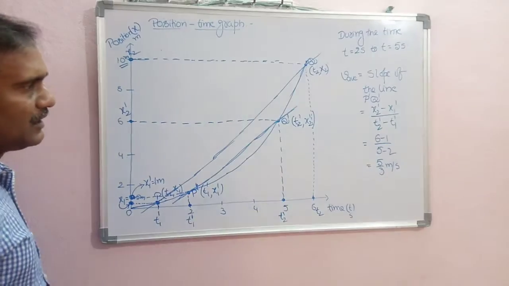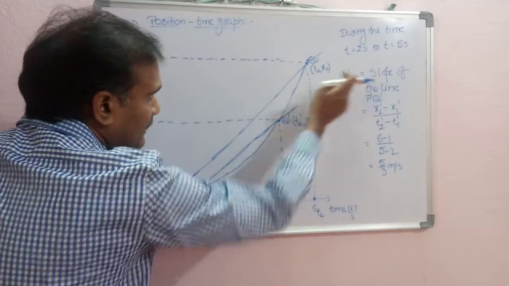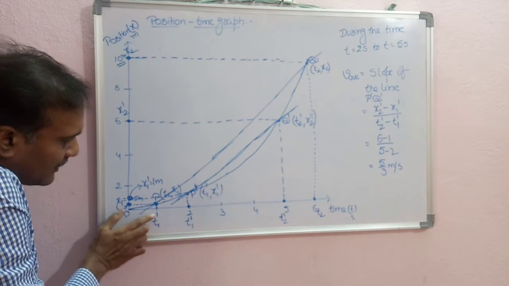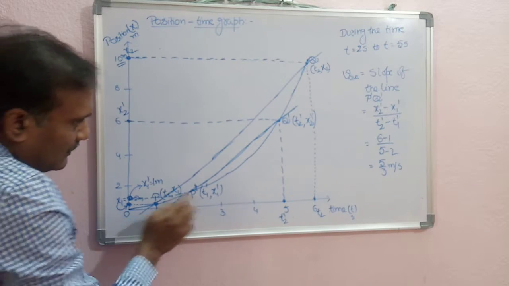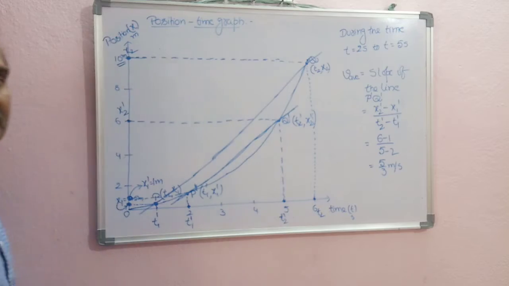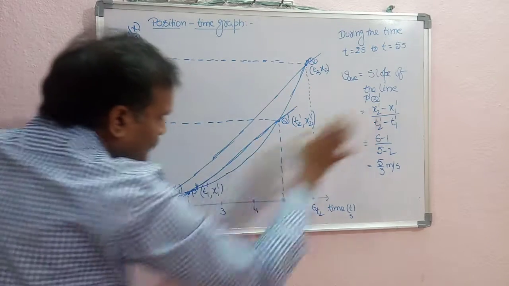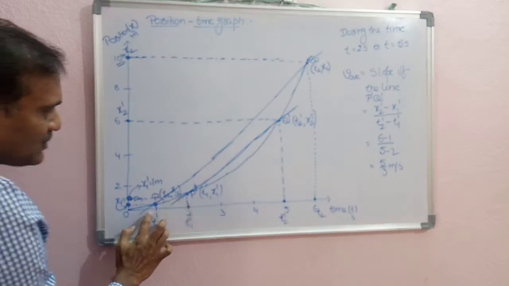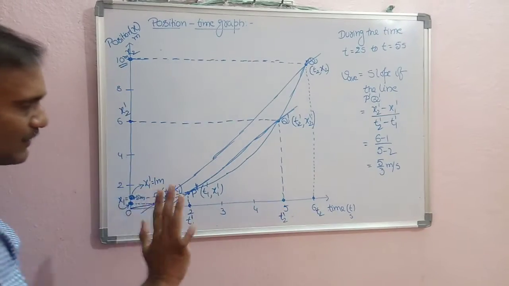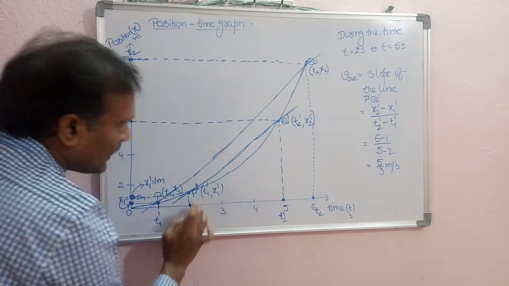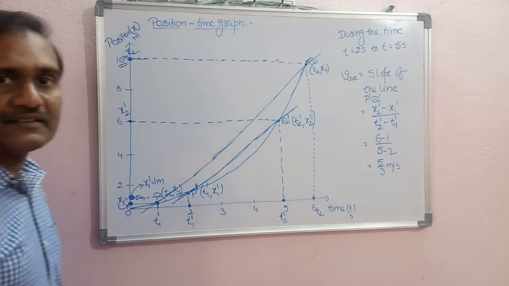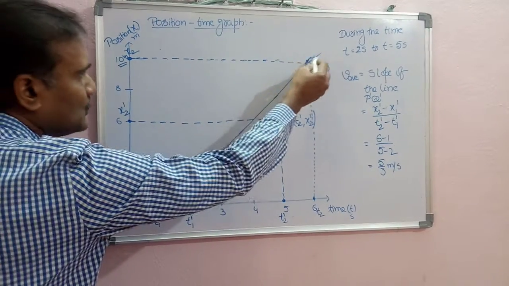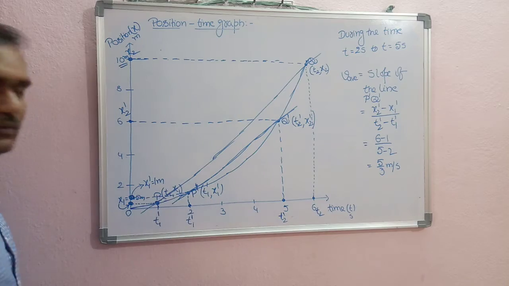Okay, now here the time interval decreases. Initially the time interval is 1 second to 6 seconds. Now in this example the time interval becomes 2 seconds to 5 seconds. Initially it is 6 minus 1, 5 seconds. Now here it is 5 minus 2, only 3 seconds. If you decrease the time interval, what happens to the 2 points P and Q?